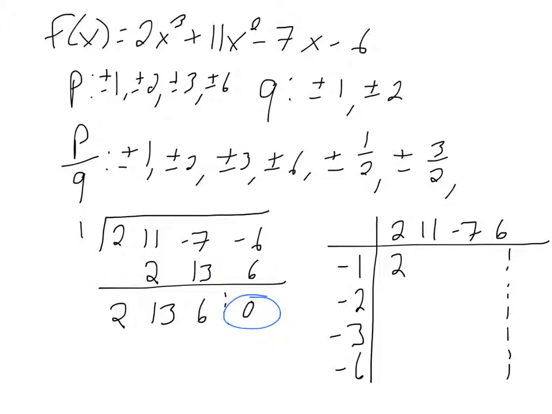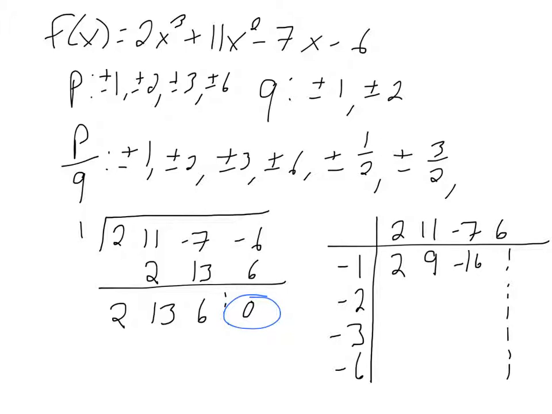So we're going to say, okay, the next thing we have to do is go negative 1 times 2 gives us negative 2, and then we add that to 11. So negative 1 times 2 is negative 2, plus 11 is 9. And then negative 1 times 9 is negative 9, and negative 7 is negative 16.